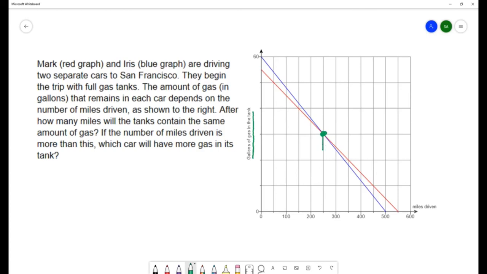And if we go down here, we can see that at 250 miles, the amount of gas will be the same. So we know that after 250 miles driven, the amount of gas in the tanks is the same.